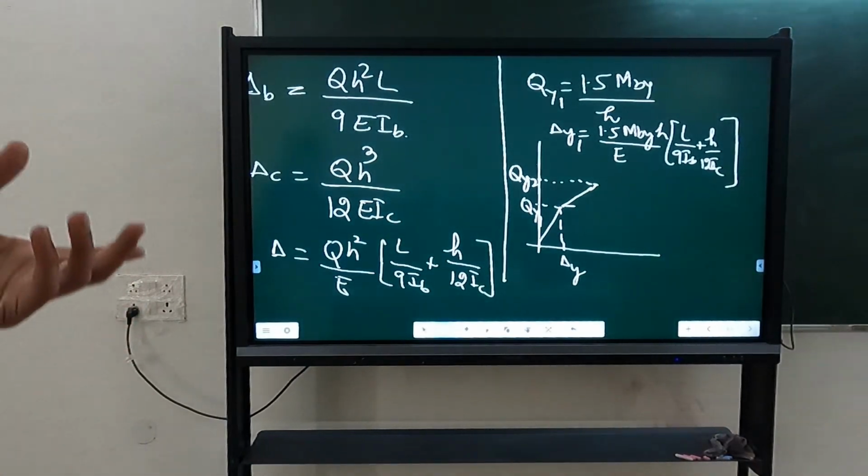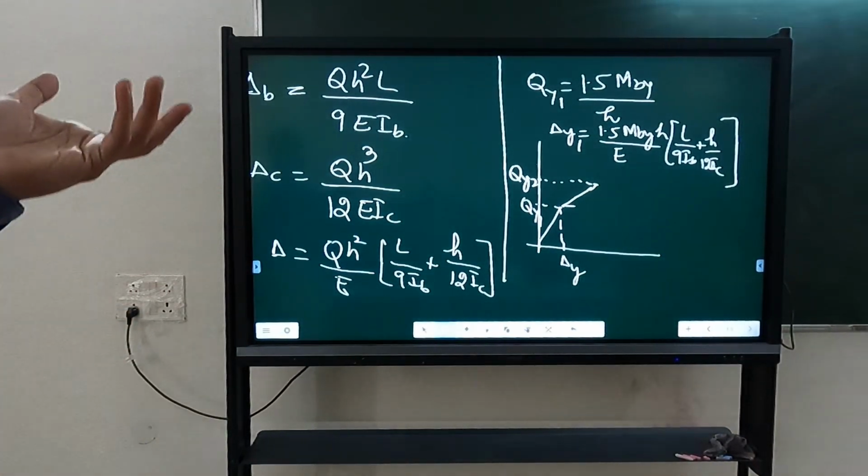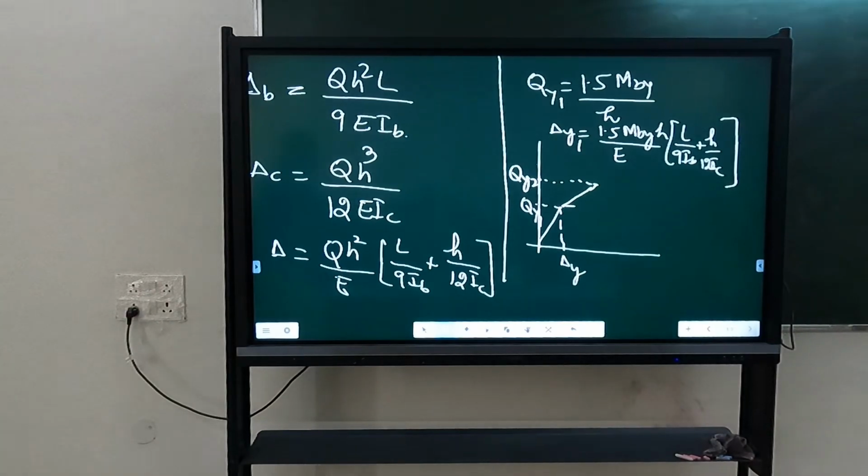Why are we calling them QY1 and QY2? We can call them anything. Because when the first hinge formed, the structure has not yielded fully. Then the second hinge will form, and then it will yield fully. So there are two hinges forming, and the stiffness is changing as soon as one hinge forms.